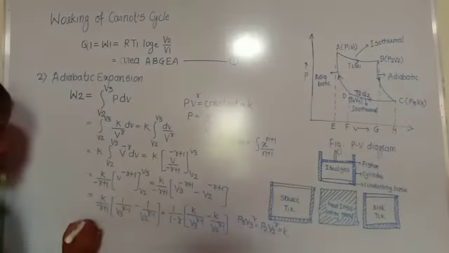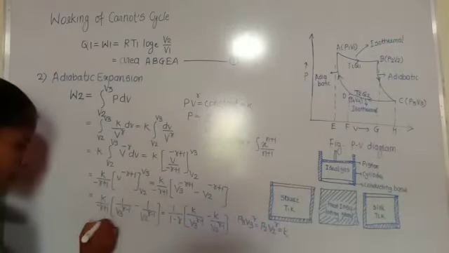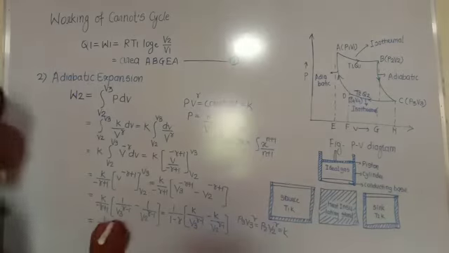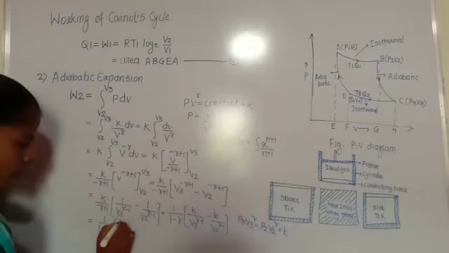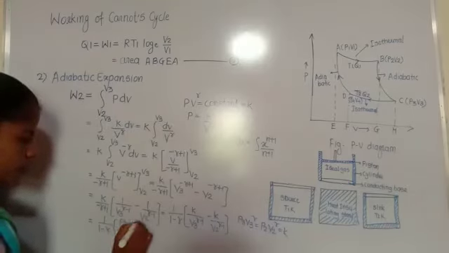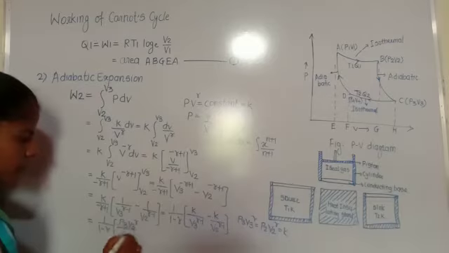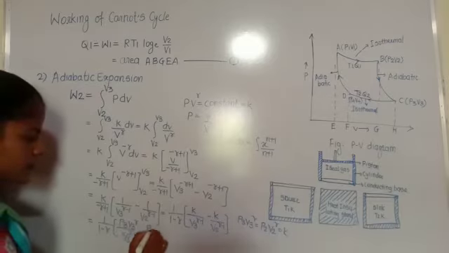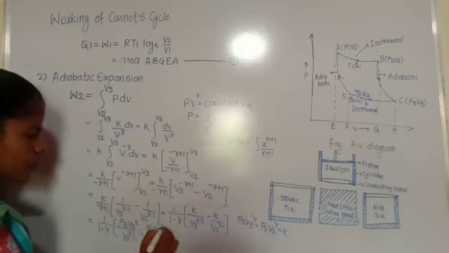So putting this value we get 1 divided by 1 minus gamma, k value p3 v3 gamma divided by v3 gamma minus 1 minus p2 v2 gamma divided by v2 gamma minus 1.